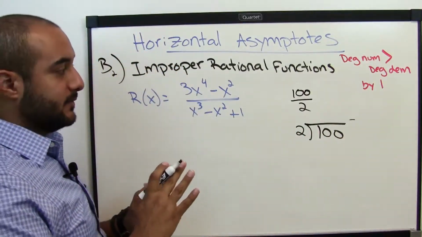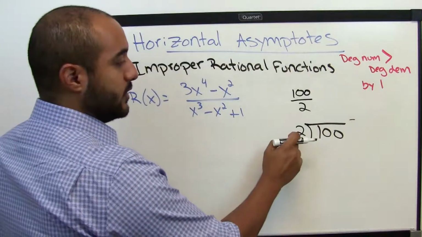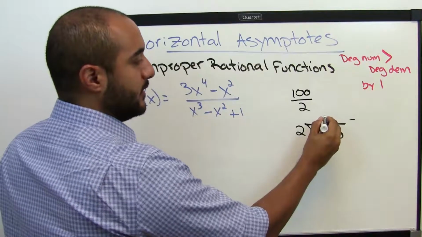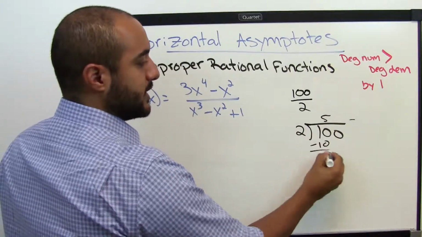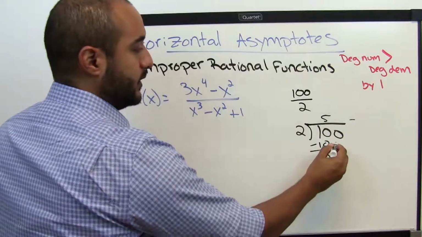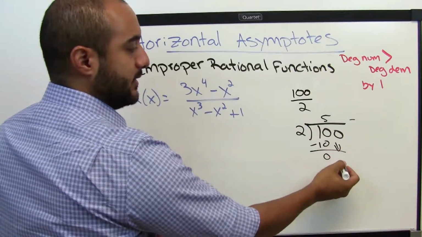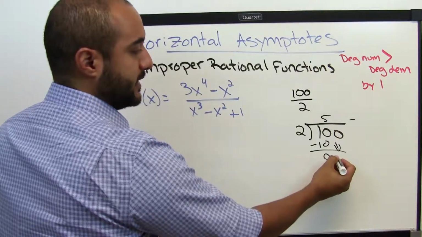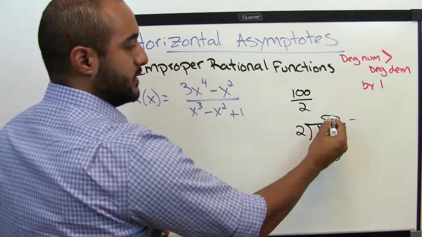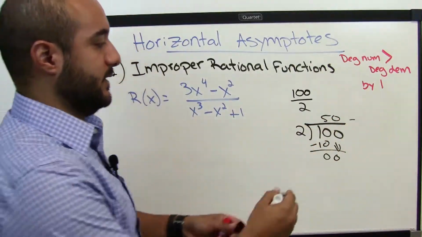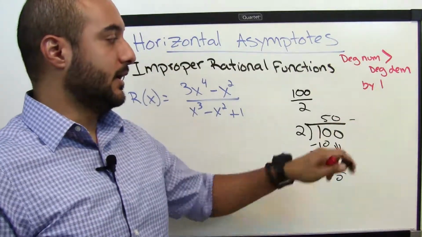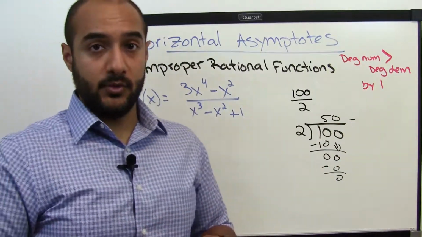We're taking the same steps. 2 goes into 1 0 times, 2 goes into 10 5 times, so times 10, and I subtract, and I keep going, right? I subtract that, bring down my next place value. In this case it's 0, 2 goes into 0 0 times, so my answer is 50. I don't keep going because I don't have any remainders. If I had a remainder, then you write out what you have left.